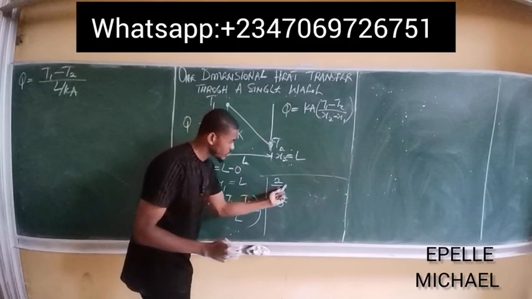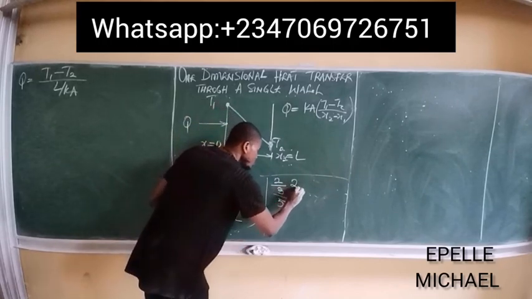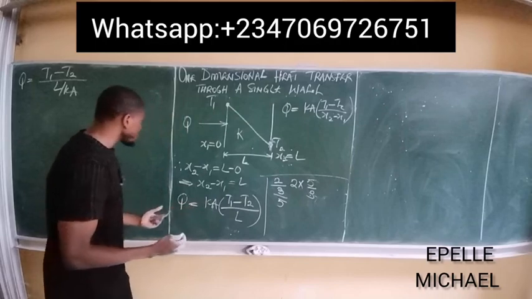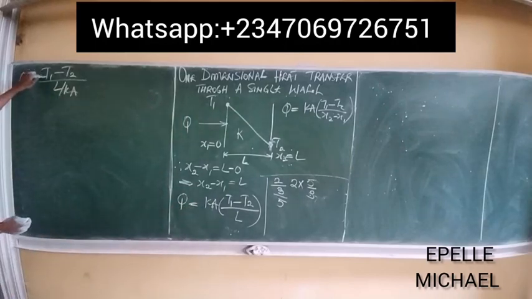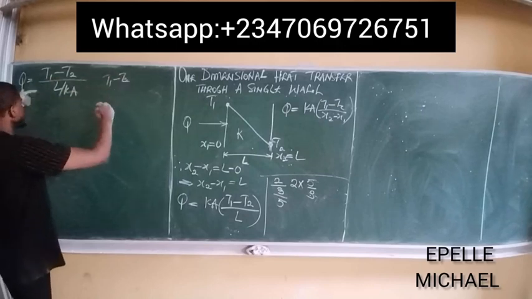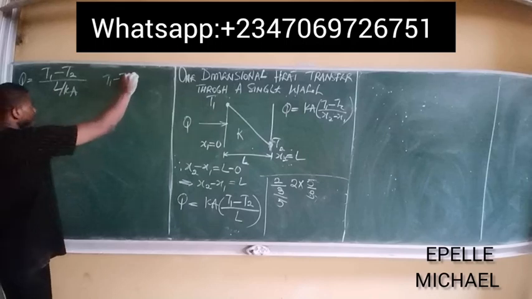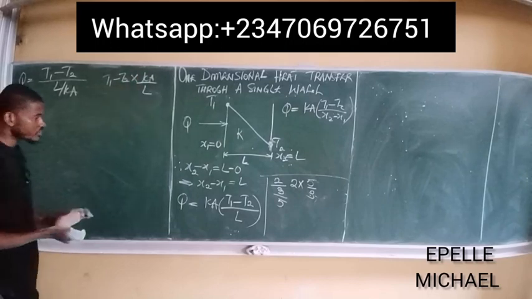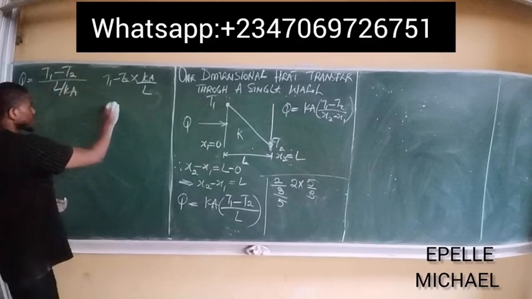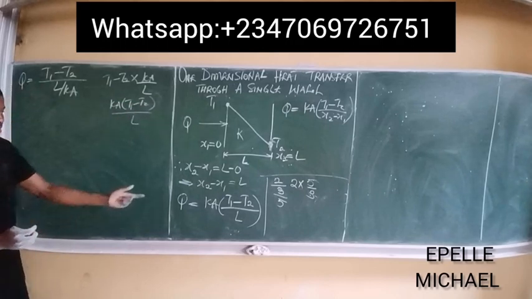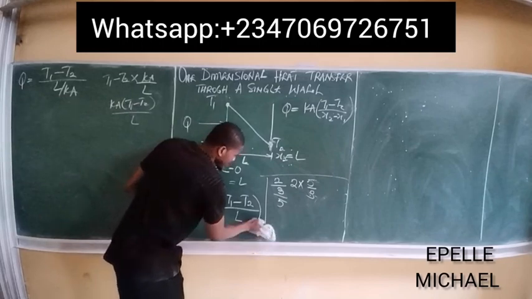If I want to change this division sign to multiplication, it becomes 2 times 5 all over 3, which is still the same thing. So from this place, I'm having T1 minus T2 all over L over KA. If I want to transpose this equation, it can be written as T1 minus T2, changing this division sign to multiplication, times KA goes up, so it becomes times KA all over L, which is the same as what we had before, simply KA times T1 minus T2 all over L. I will still have this same equation.